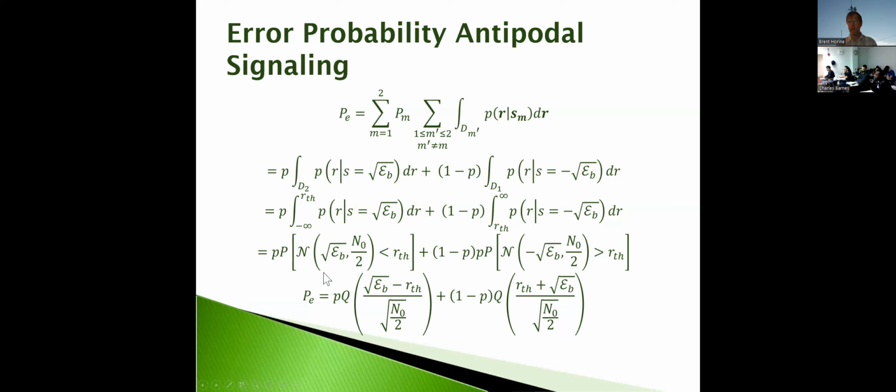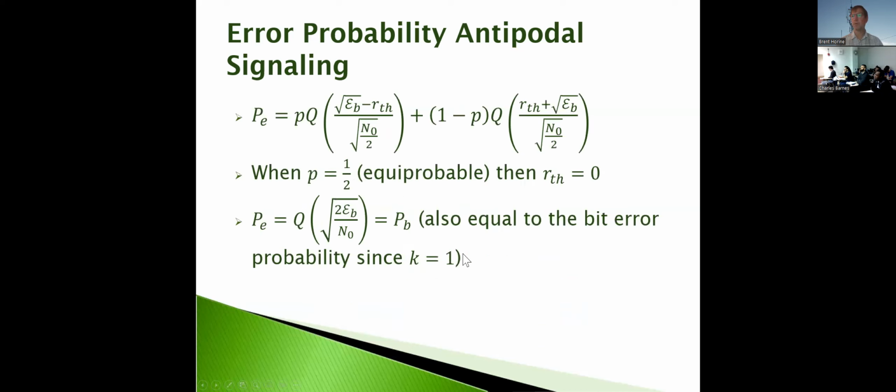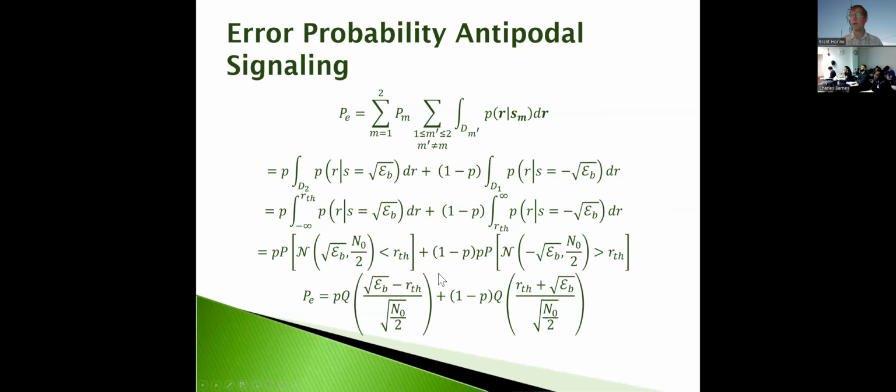That's where that transmitted signal would be centered, and its variance is described by this N0 over 2. Okay, and that it would be less than that threshold, or in this case, it would be greater than the threshold when we're looking at the distribution that's centered on the left-hand side.